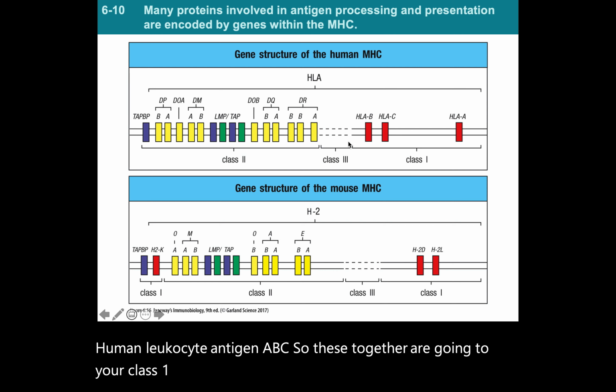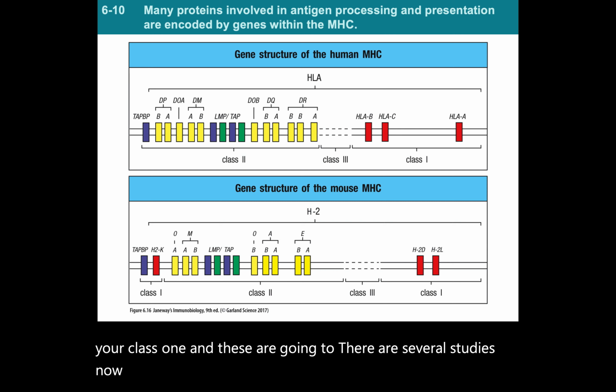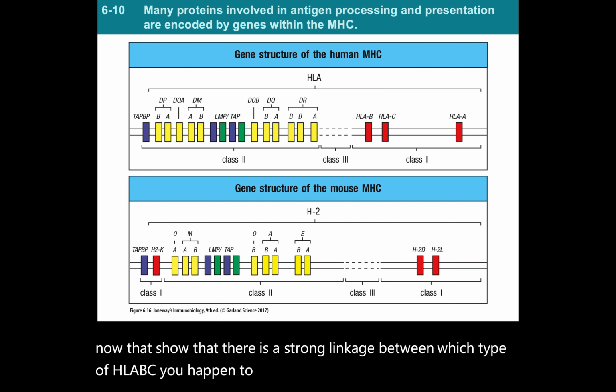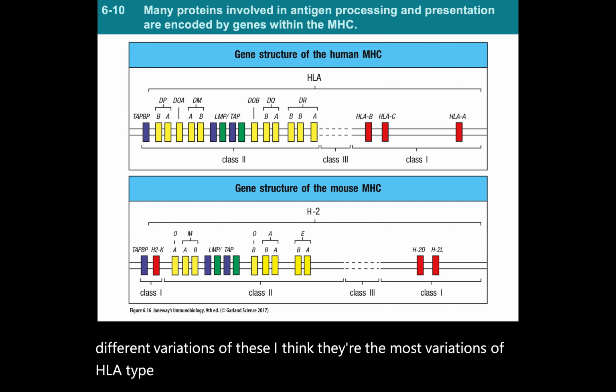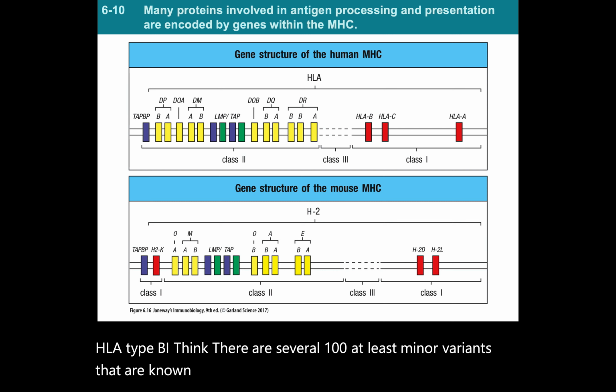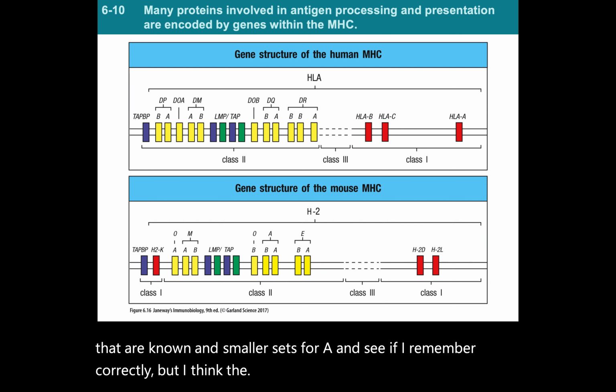There are several studies now that show a strong linkage between which type of HLA A, B, and C you happen to inherit, because there are many, many different variations of these. I think there are the most variations of HLA type B, several hundred at least, minor variants that are known. And it's smaller sets for A and C, if I remember correctly. But I think the book will probably have a chart coming up.